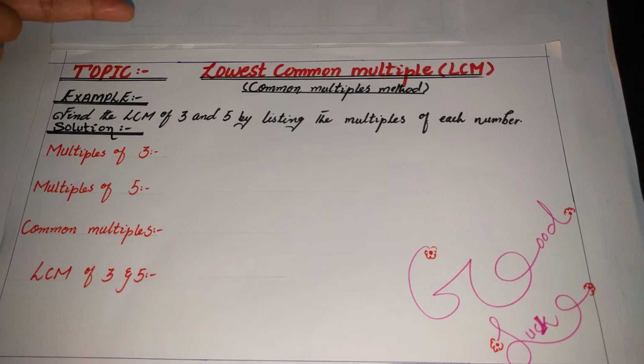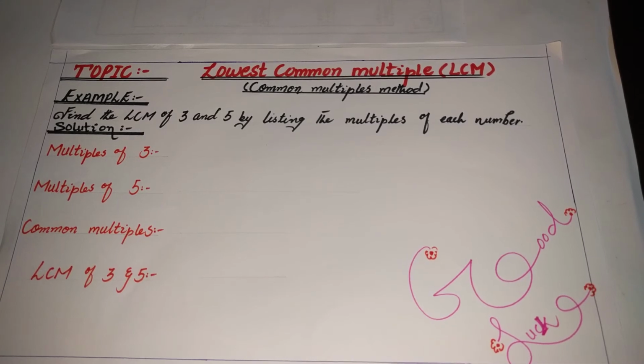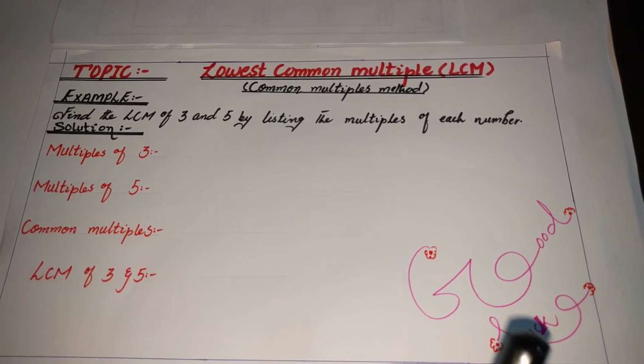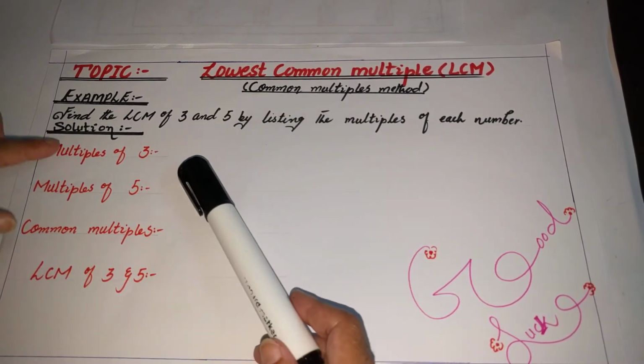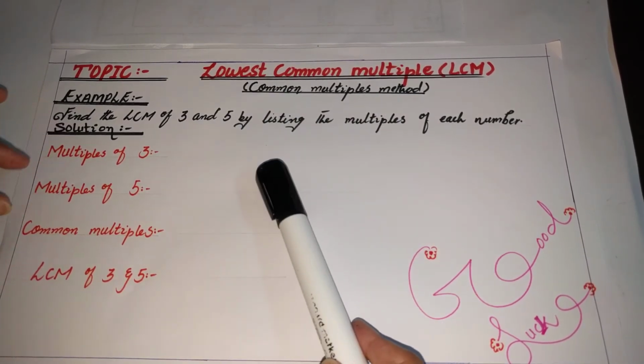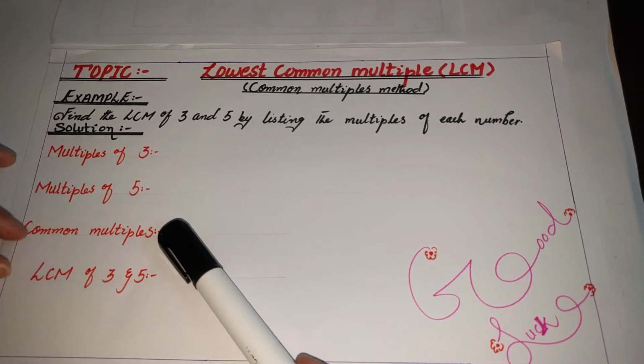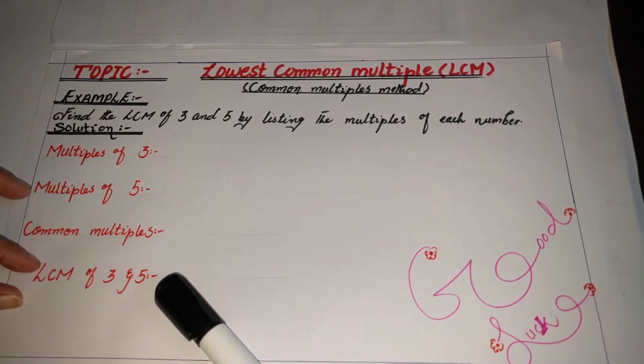You can find up to 6 multiples or 7 multiples. According to the steps of the common multiple method, first find the multiples of the given numbers, then find the common multiples, and then choose the lowest common multiple to find the LCM.